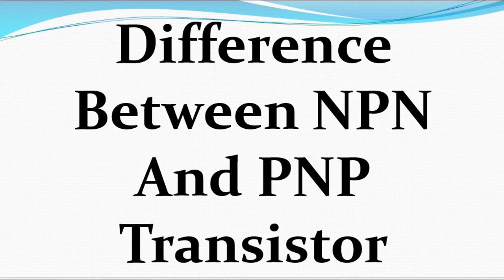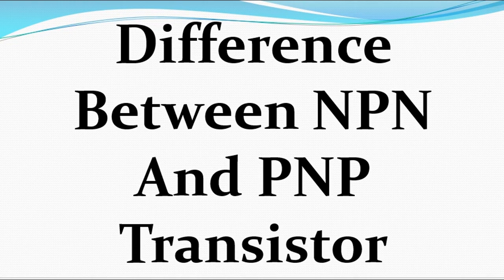While in PNP, the charge carrier, being the current, flows from the emitter to collector when the negative supply is given to the base.